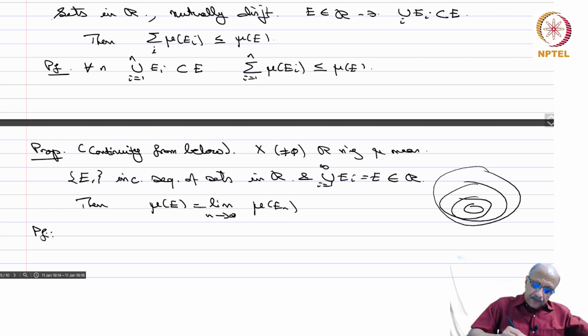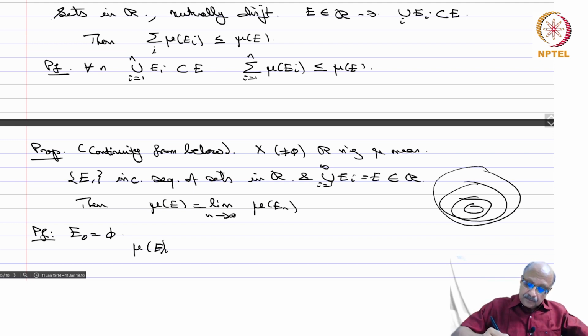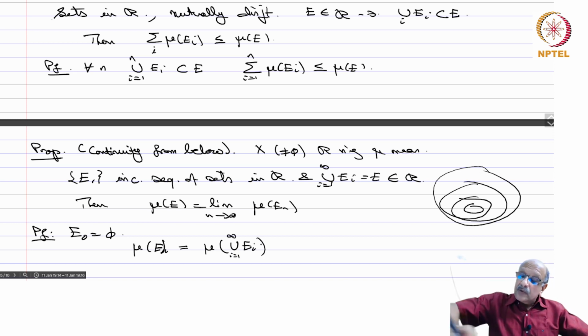So proof, we set E naught as the empty set, and then you can write mu of E, which is nothing but mu of union E_i, i equals 1 to infinity. Now this union, I am going to break it up as disjoint sets.